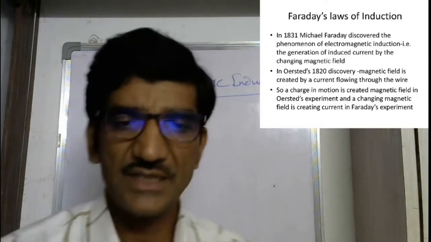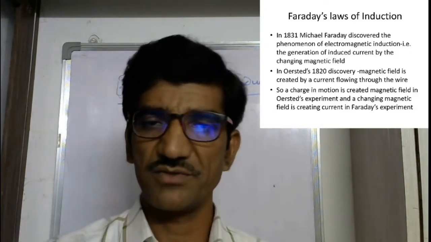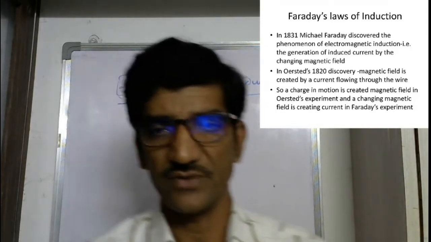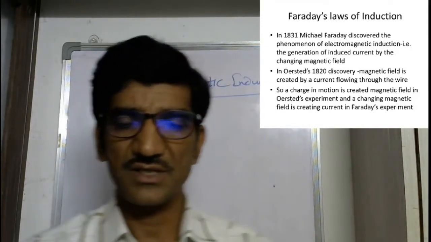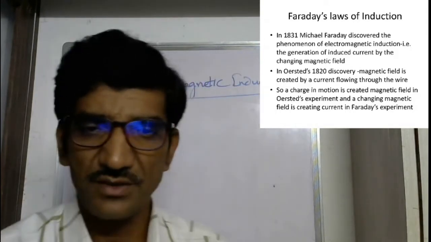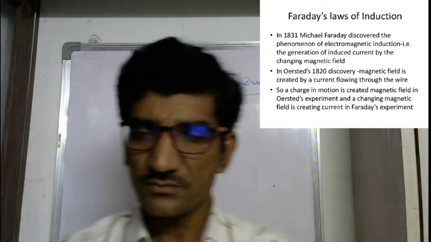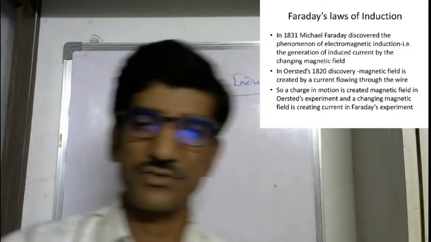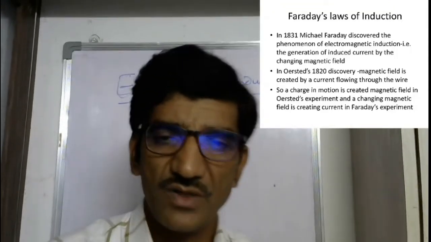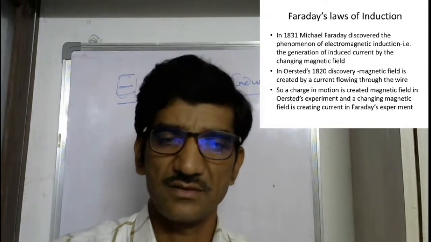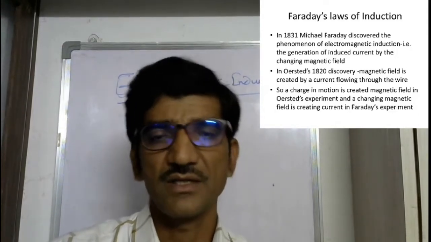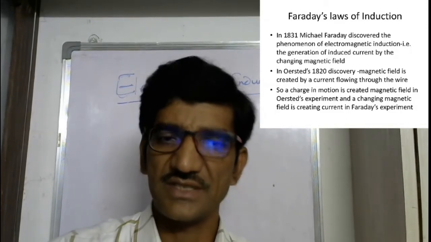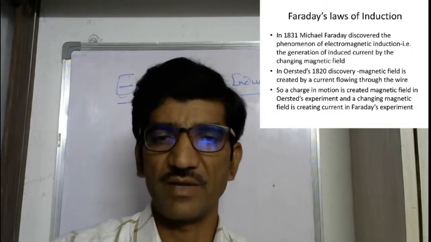Here we have to note the difference between Oersted's discovery and Faraday's discovery. Both these discoveries are very fundamental in the history of physics. We have to understand these two discoveries and separate one from the other. Both are different; they discover different phenomena.